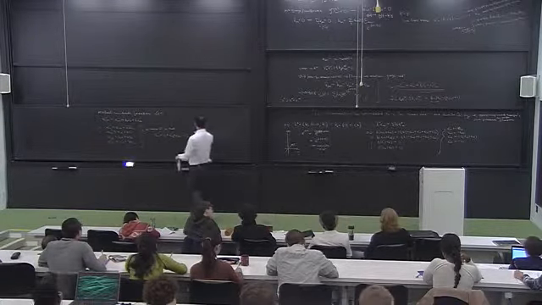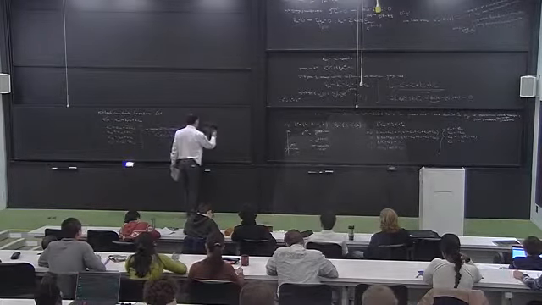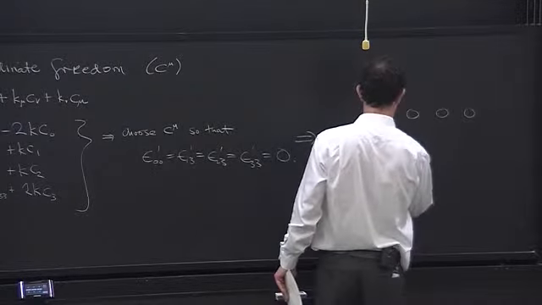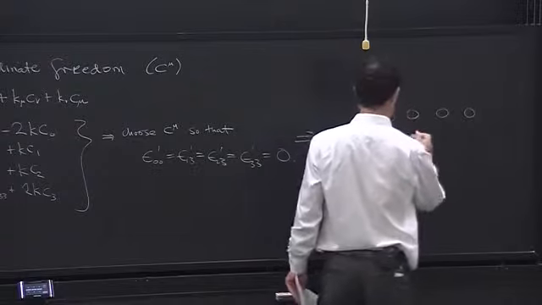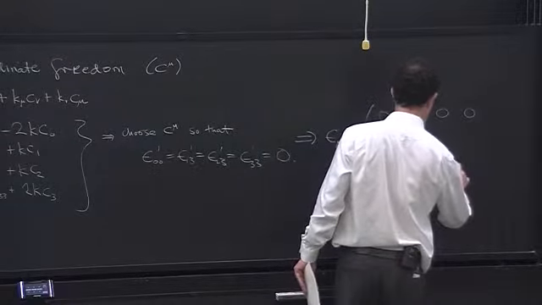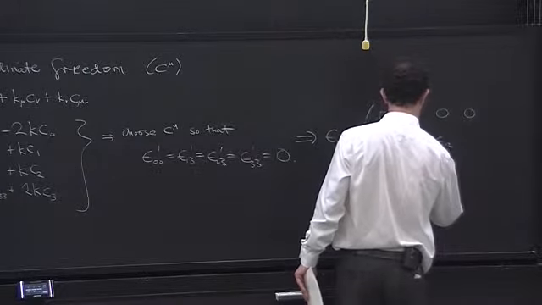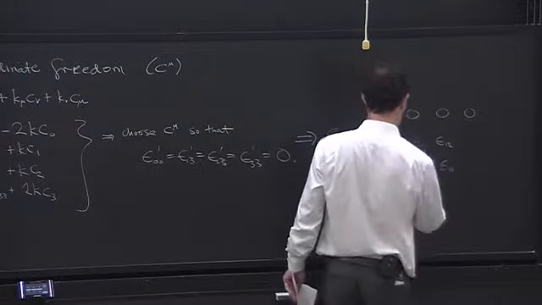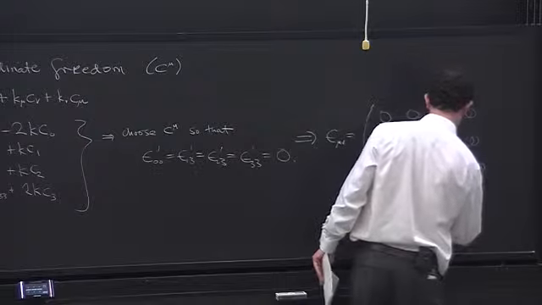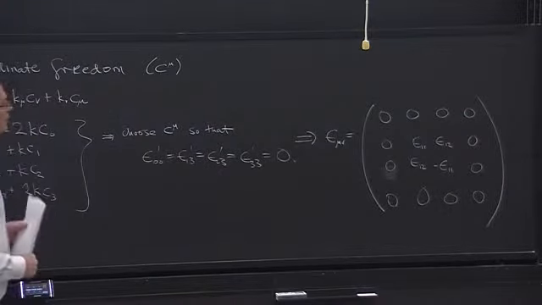So basically, this means that epsilon mu nu is a matrix which is 0 almost everywhere, but in the 1,2 components, it is not 0. Okay, that's all that's left.